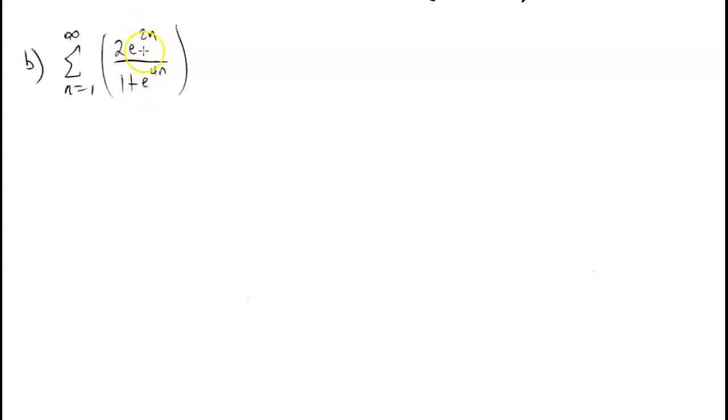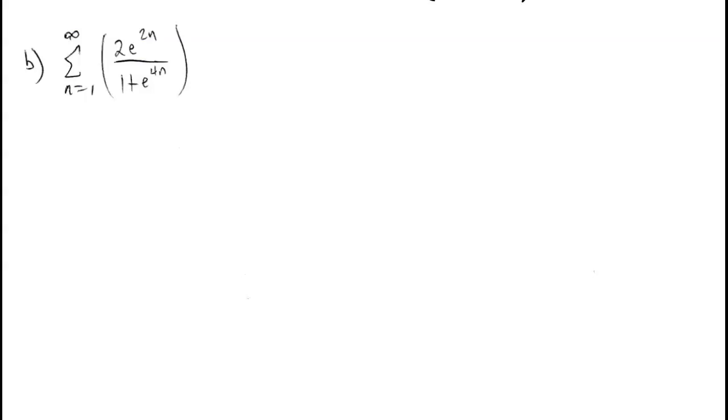And since e raised to the 4n is naturally going to grow faster than e raised to the 2n, we know that this function is going to ultimately decrease. Of course, it's in sequence form, but if we replace the n's with x's, it'll also be that. So my point is that we already know that this is going to work for the integral test.